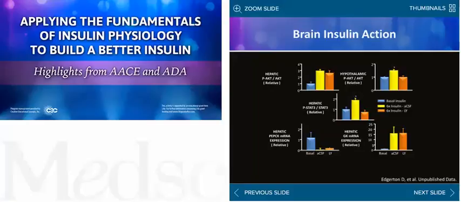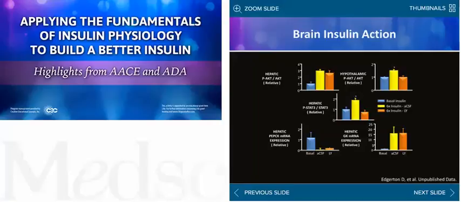So this proves that that insulin gets from the circulation into the brain and turns it on. But the orange shows you that we can, by giving that LY, block that. The middle panel shows you that the brain talks to the liver because the phospho-STAT went up. And when we inhibited brain insulin action, in the orange, you can see that that was eliminated too.